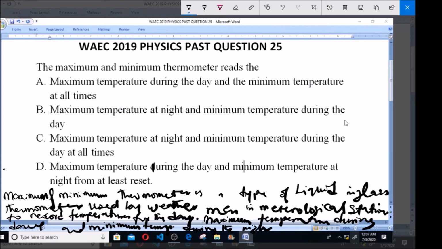So that is what a maximum and minimum thermometer does. So you can see that D is the right option. Maximum temperature during the day, minimum temperature during the night. So that makes D the answer to the question.